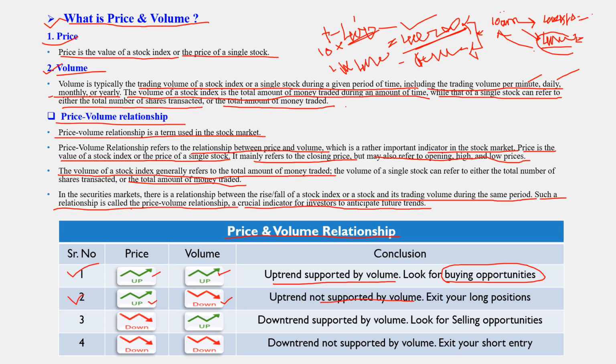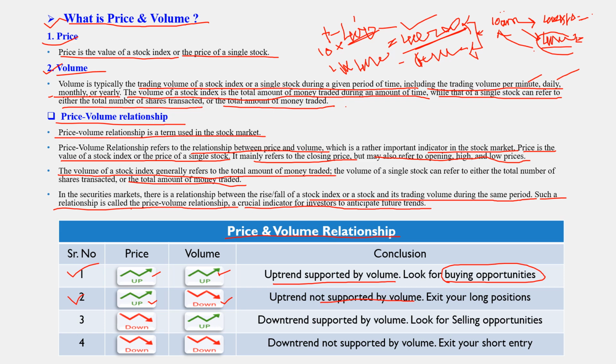In that case, the up volume supports the uptrend, meaning a strong uptrend. But in this case the volume does not support the price. Means the uptrend is not supported by volume.